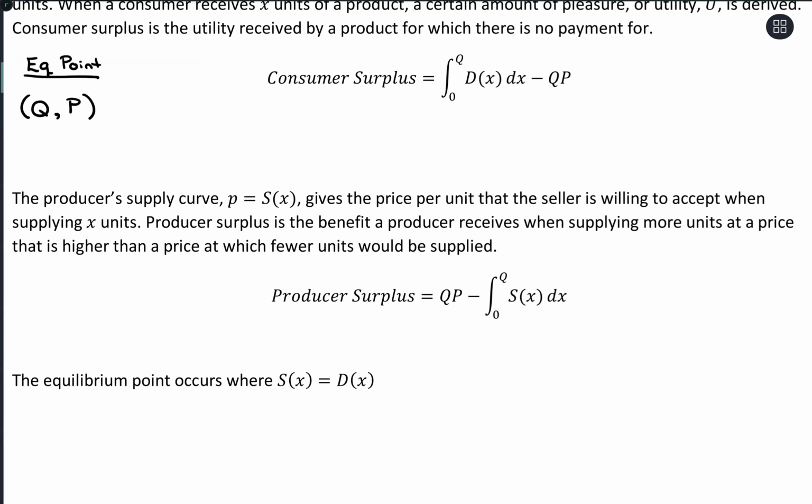Whatever they're supplying, there can be an added benefit beyond the price that's set. I know that's a bit confusing. Consumer surplus is more relatable as a consumer, but producer is a little trickier.